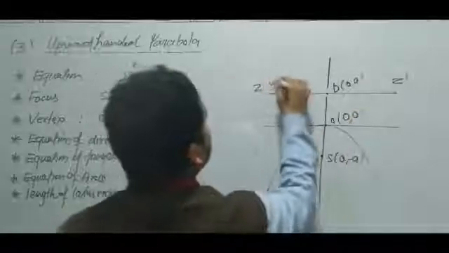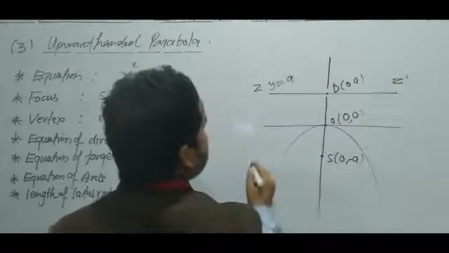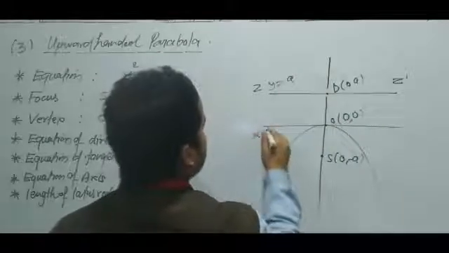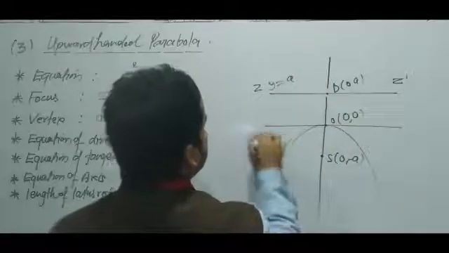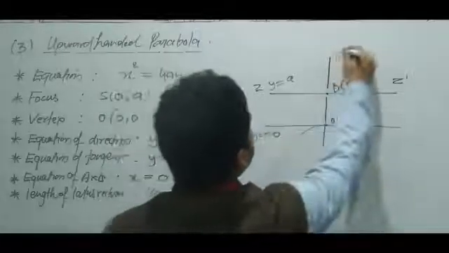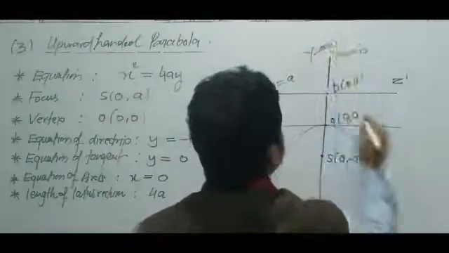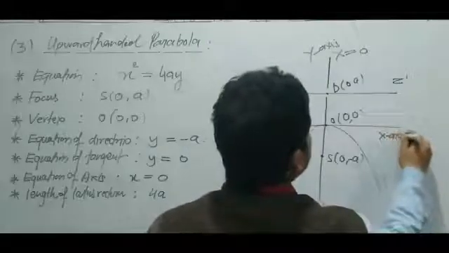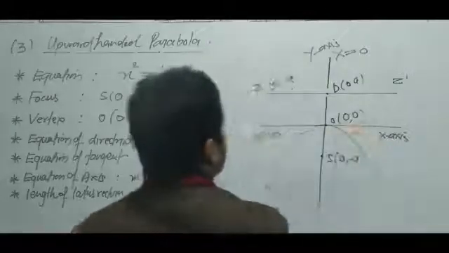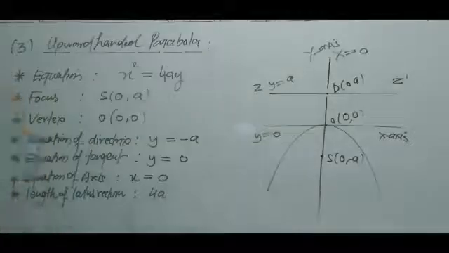This is the line y is equal to a, this is the line x is equal to 0 because this is the y axis, this is the x axis, so here you will get y is equal to 0.